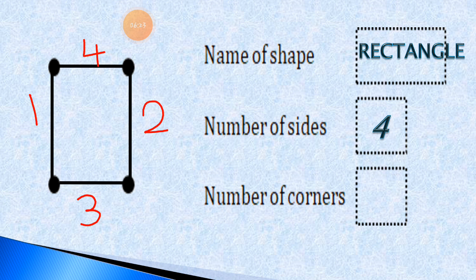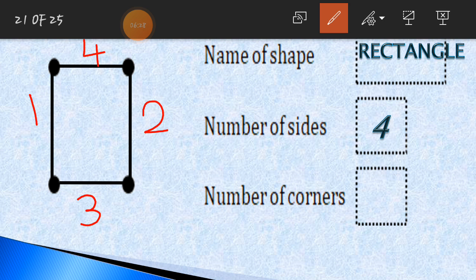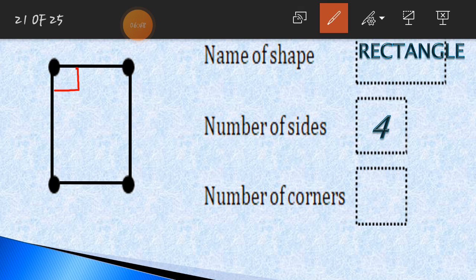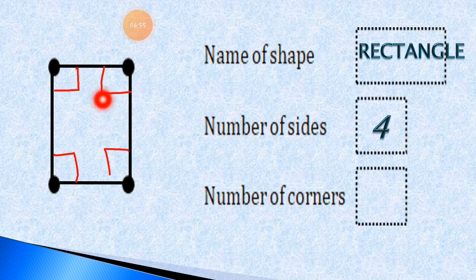Now let's find out how many corners this shape has. What do we have to find out? How many corners this shape has. So this one is a corner. See, I am showing you this. I just made this corner here. See, this one is corner 1. See this, these are all the corners.